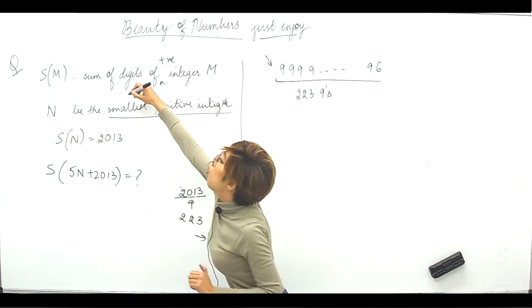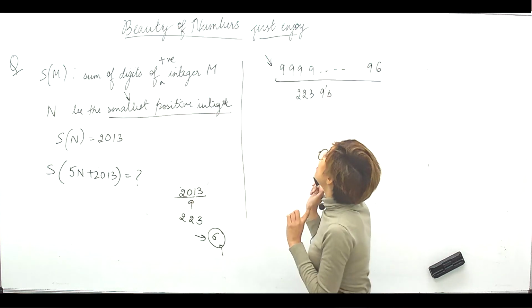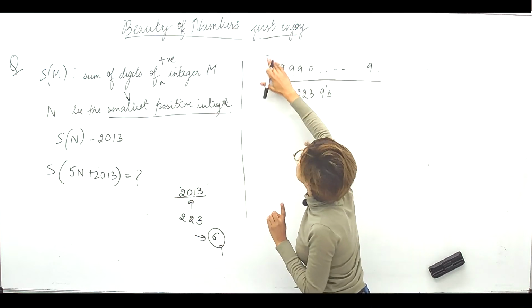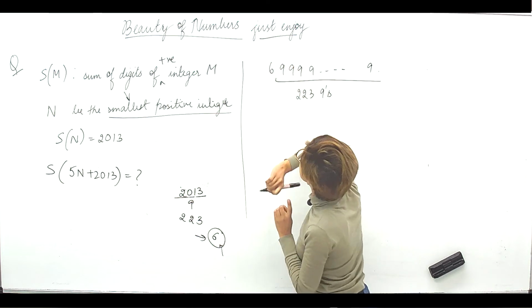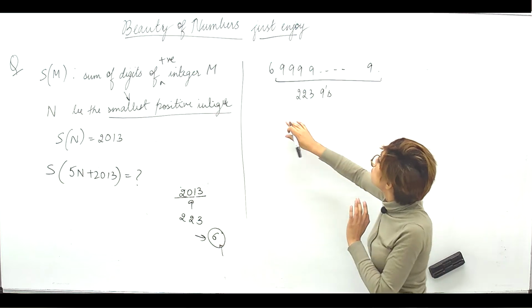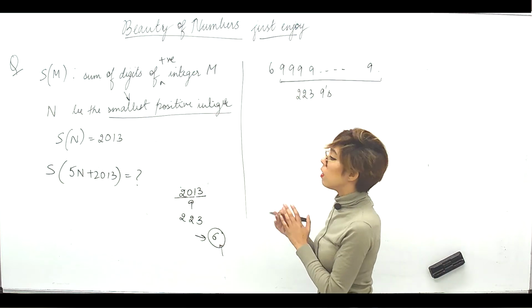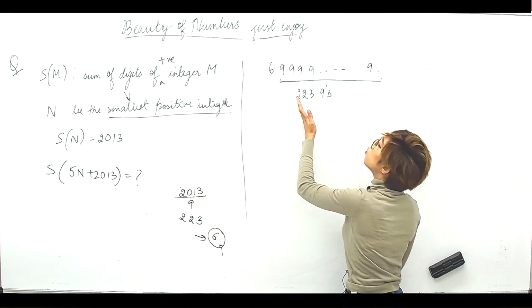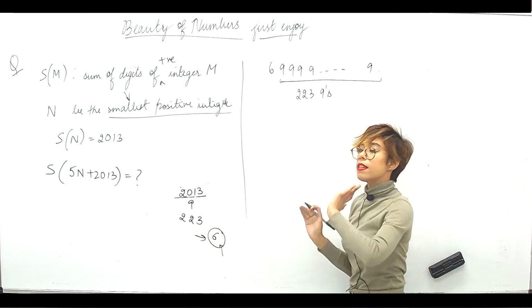I want the smallest number, so I'll put 6 in front rather than at the back. I'll get the smaller number. So this is my n. I know n. n is 6 followed by 223 nines. This is my n.